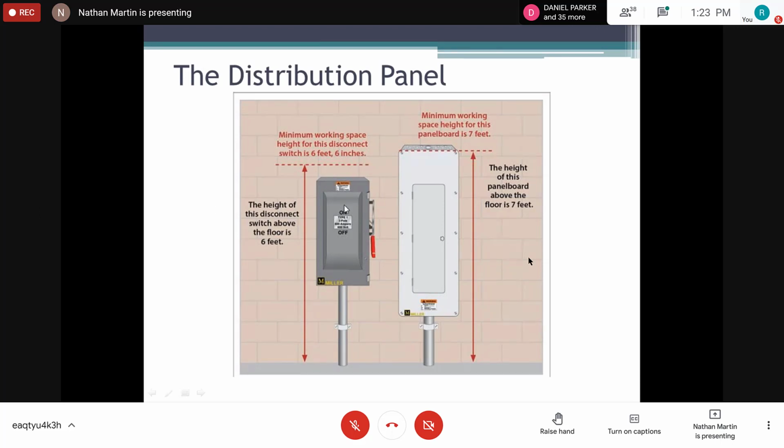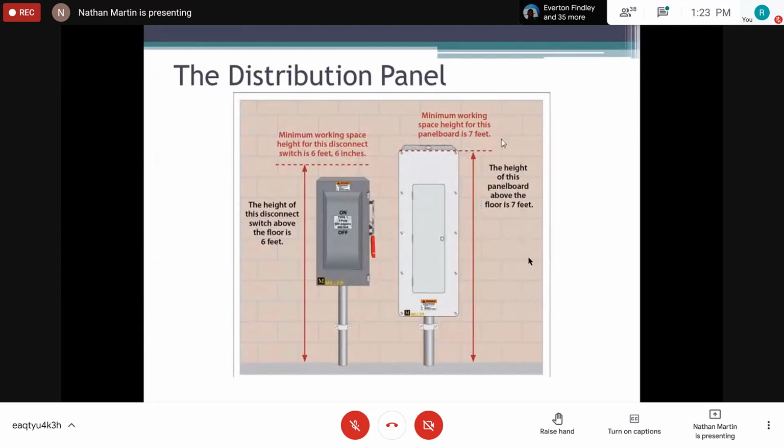So we need to mount this at least 6 feet from the finished floor to the top of the isolator, right? For this distribution panel, we're talking about a minimum space of 7 feet, so we can mount this at least 6 feet 6 inches and so forth.